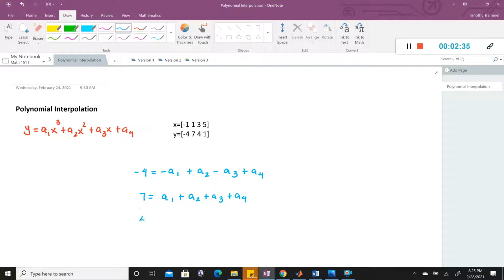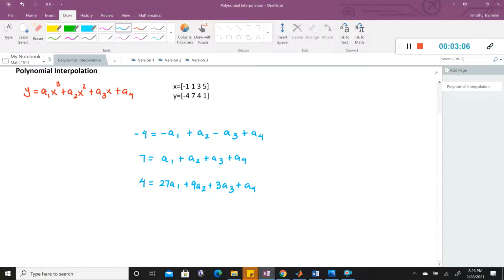So we'll have 4 is equal to 3 cubed, so that's 27a1, and then plus, we should be squaring 3, so it's going to be 9a2, and then plus 3a3 and plus a4. And you might already see where this is going.